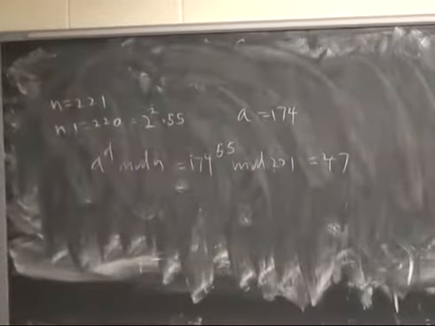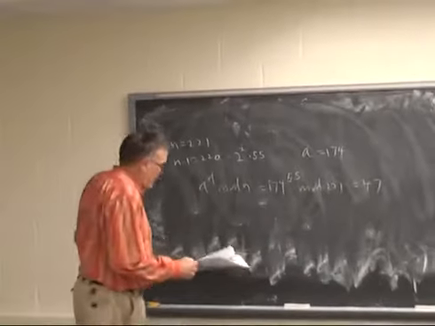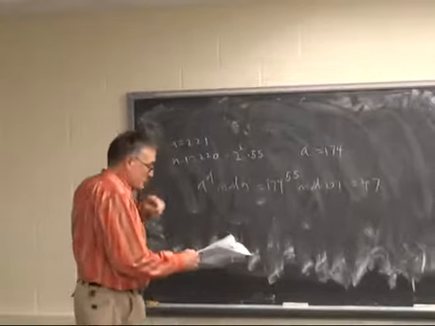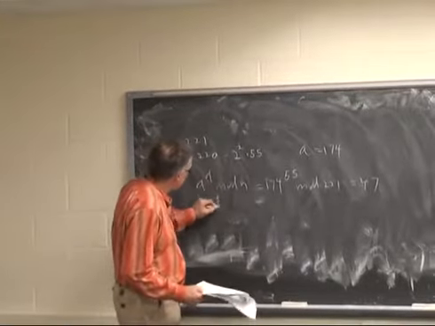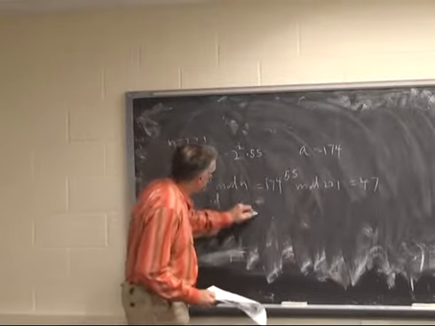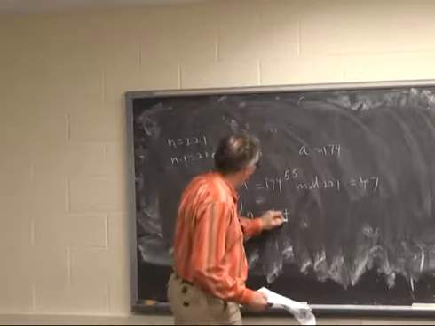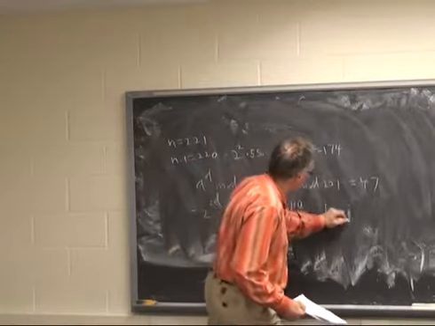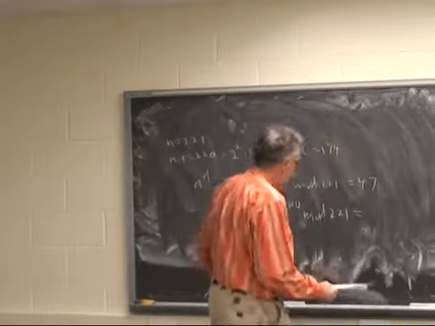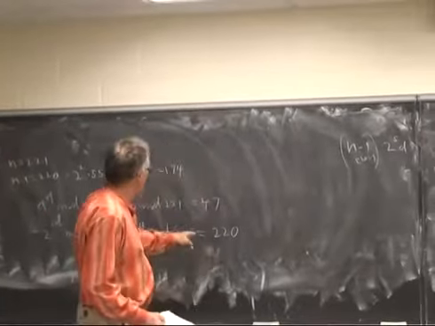Okay, that's not equal to 1, so now let's do a to the 2 to the d mod n, which is 174 to the 110th mod 221, which is equal to 220, it turns out, which is n minus 1.